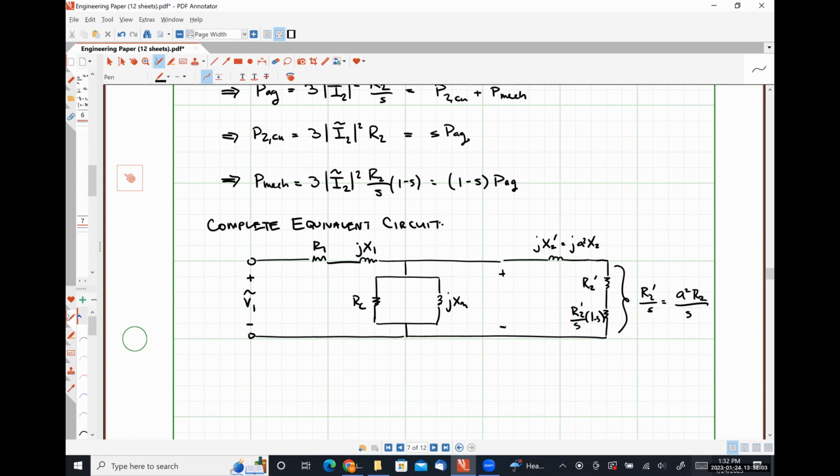Here is our induced voltage. E1 is just going to be A times E2. Here is our primary current, I1.